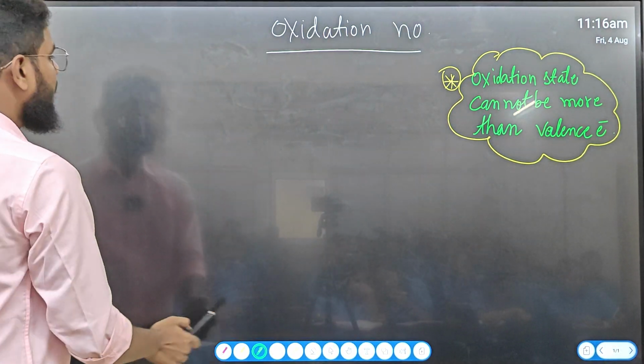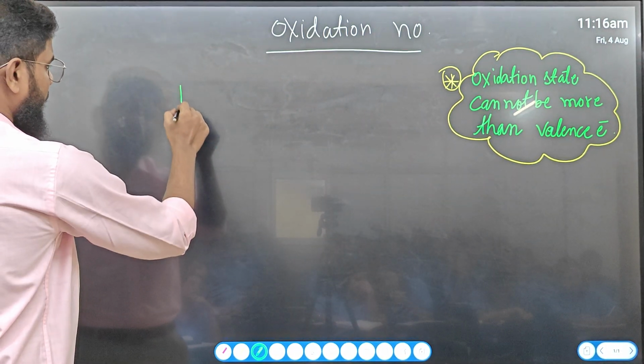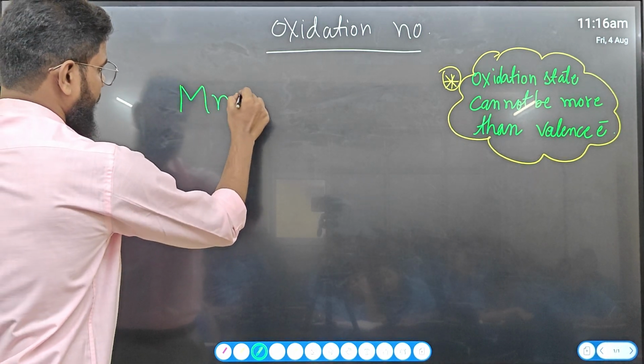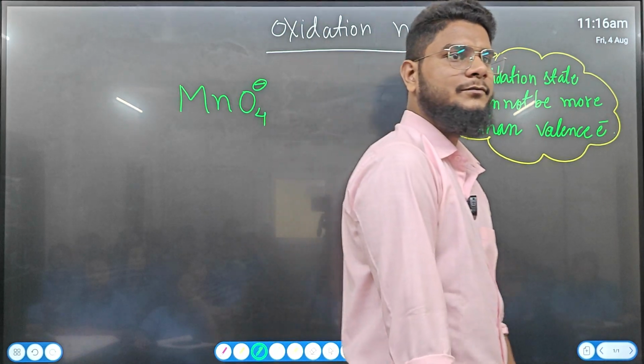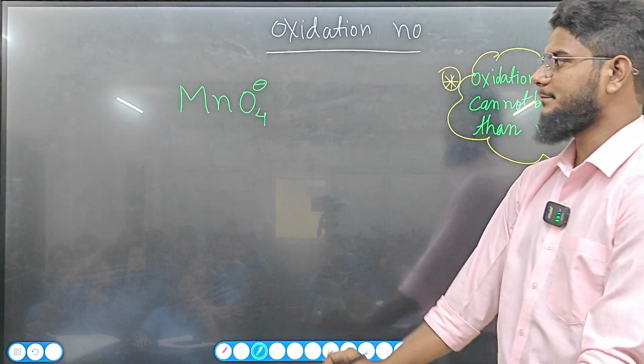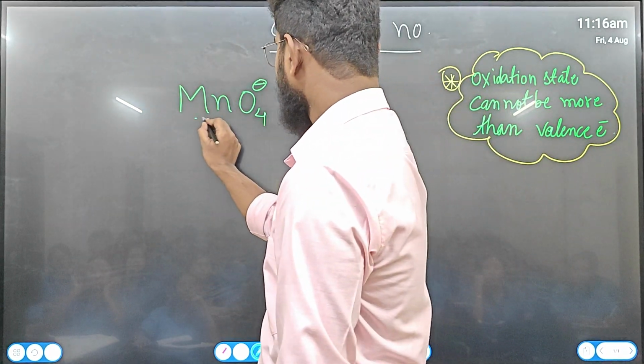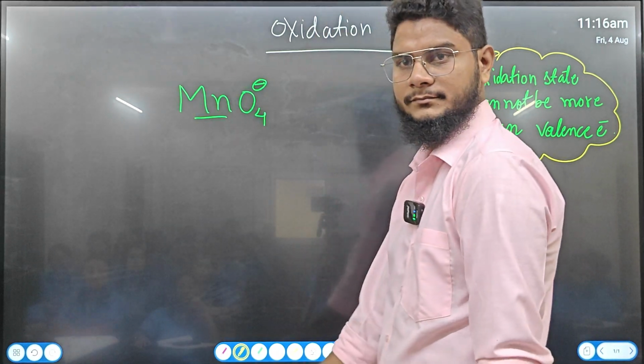Let's suppose you have a molecule MnO4-. You have to find the oxidation state of Mn. It's very simple.